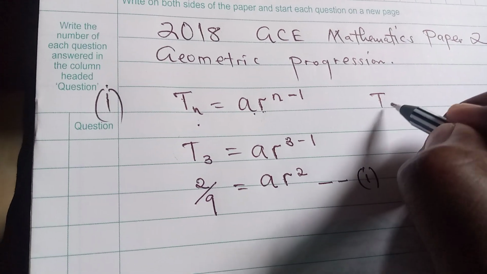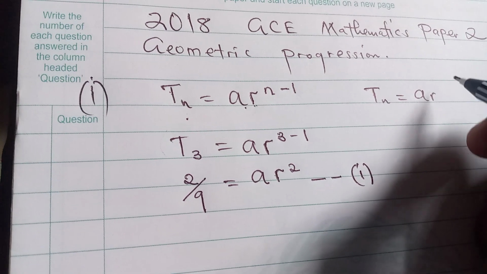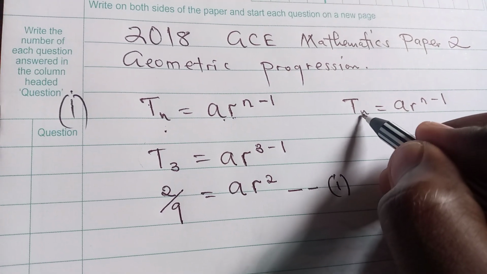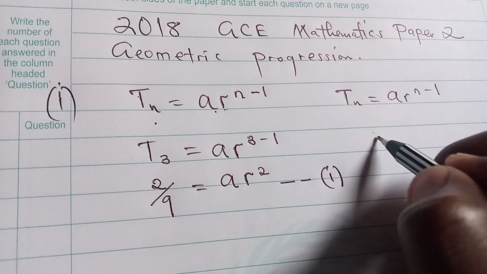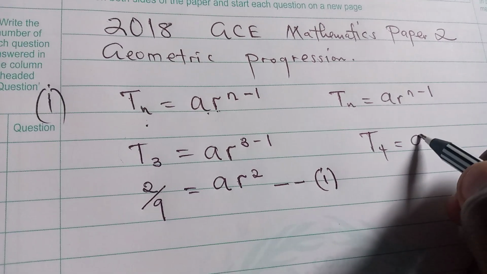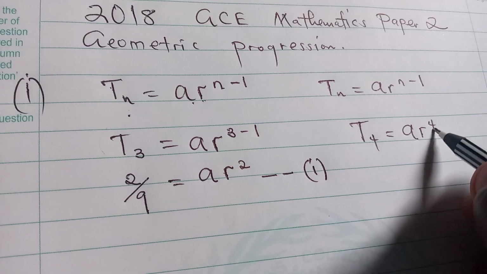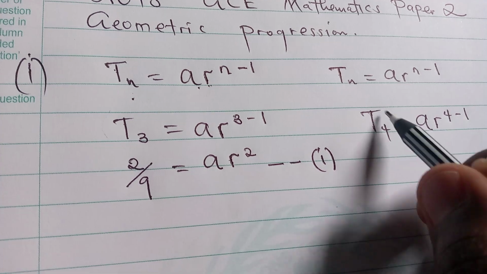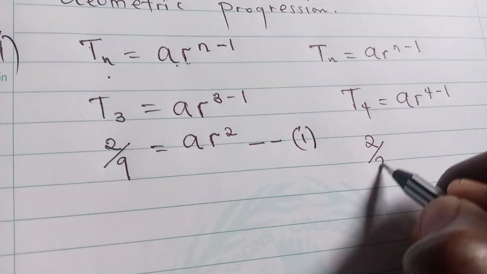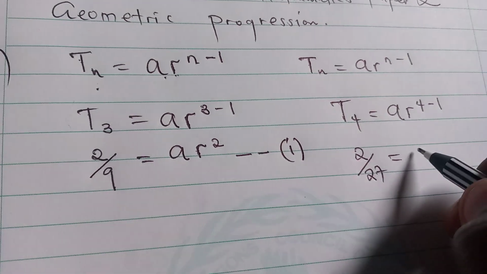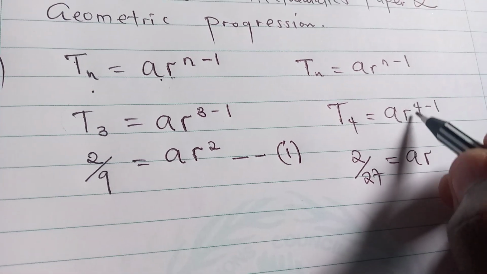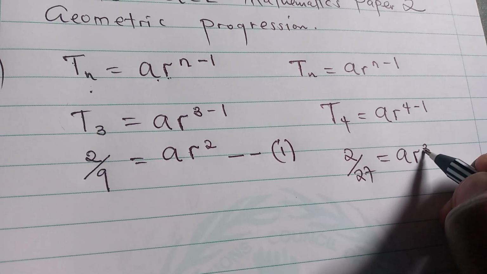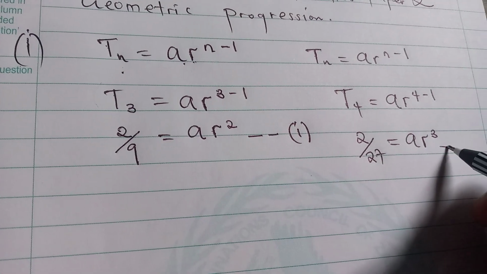T4 is equals to first term r to the power 4 minus 1, so 2 over 27 is equals to a r to the power 3, since 4 minus 1 gives 3.